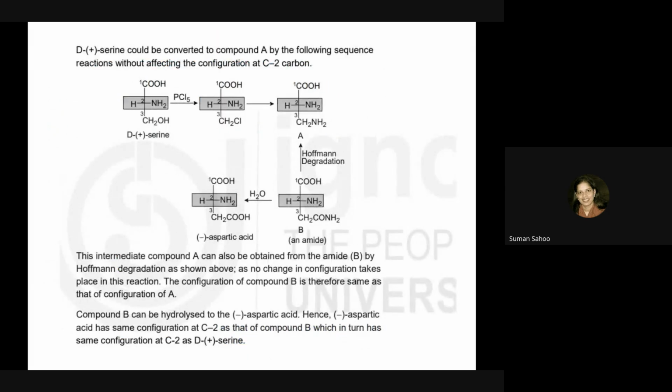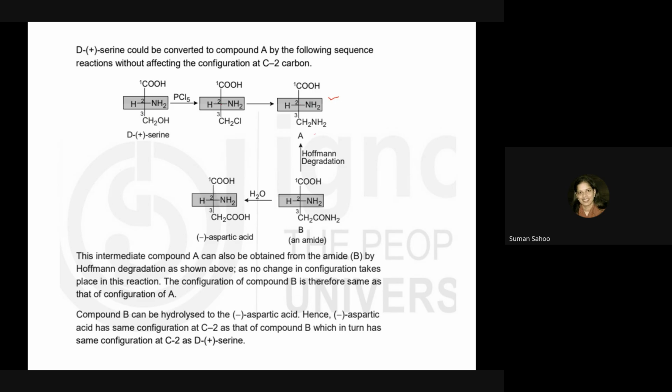For another example, take D-serine. D-serine can be converted to compound A by the following sequence. As you can see here, there is no change because we are not changing any chemistry at carbon number 2, so its configuration will remain unchanged. Whatever the configuration is here, it is going to give the same configuration here.